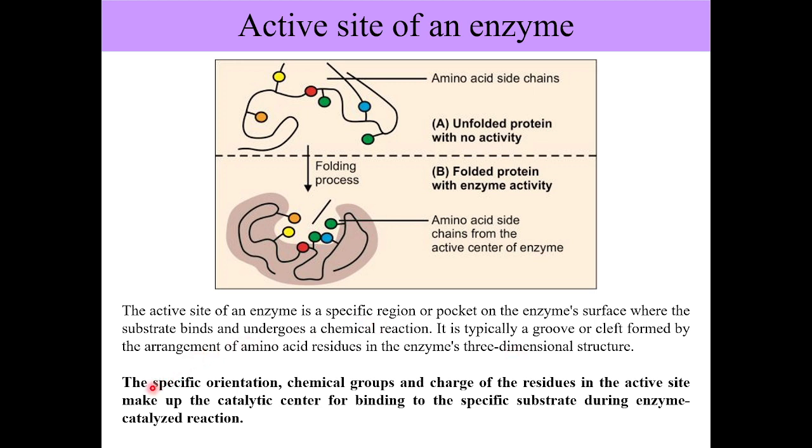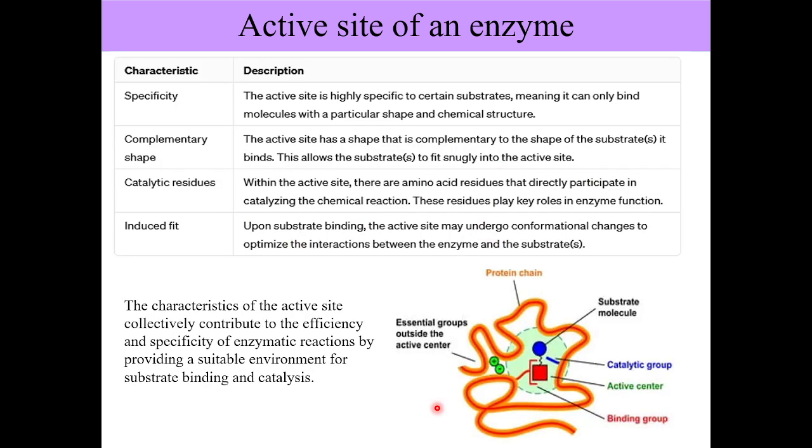Most importantly, the specific orientation, chemical groups and charge of the residues in the active site make up the catalytic center for binding to the specific substrate during enzyme catalyzed reactions. So, in biology, specificity is the term that we come across whenever we study enzymes and their substrates.